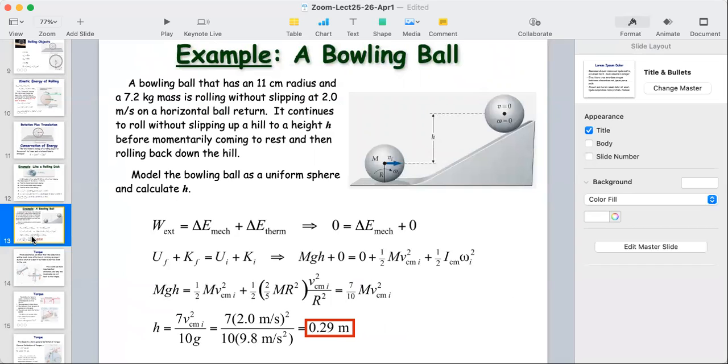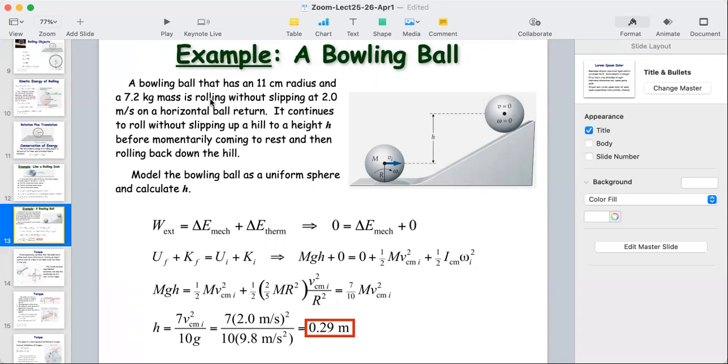This is conservation of energy. A bowling ball that has an 11 centimeter radius and 7.2 kilogram mass is rolling without slipping. So again, the keywords are rolling without slipping, so translational plus rotational.